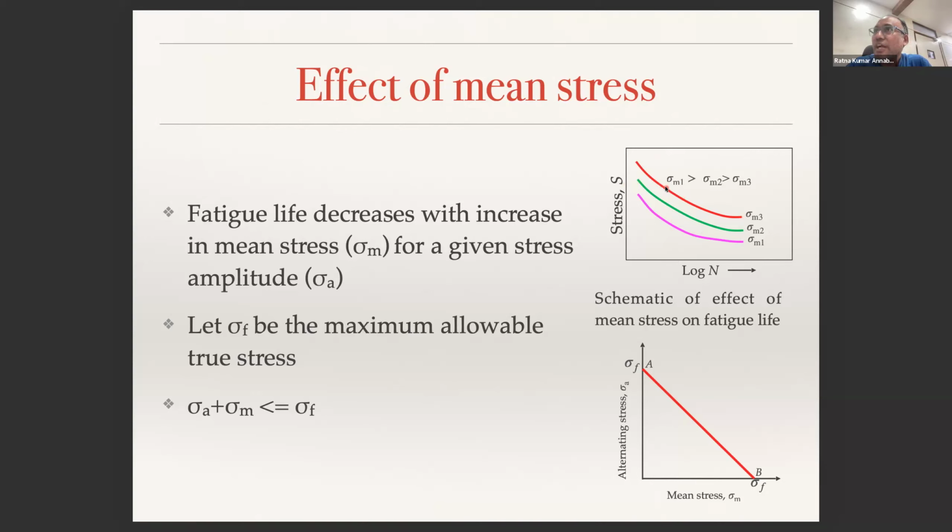At the same life, if you increase the mean stress, the stress amplitude at which failure happens reduces, and if you increase it further, it reduces further. If I plot these three points on this graph and connect them, this line corresponds to a particular life. Is that clear or not?